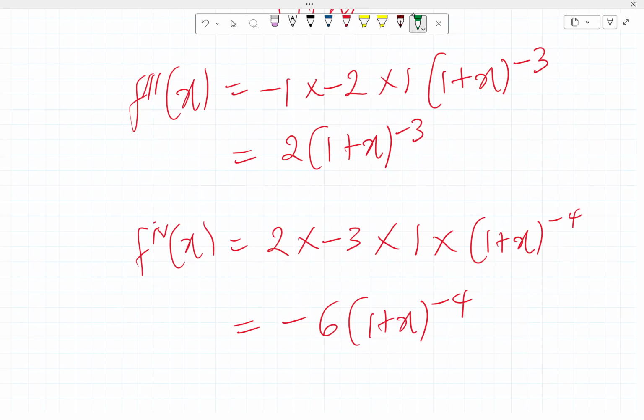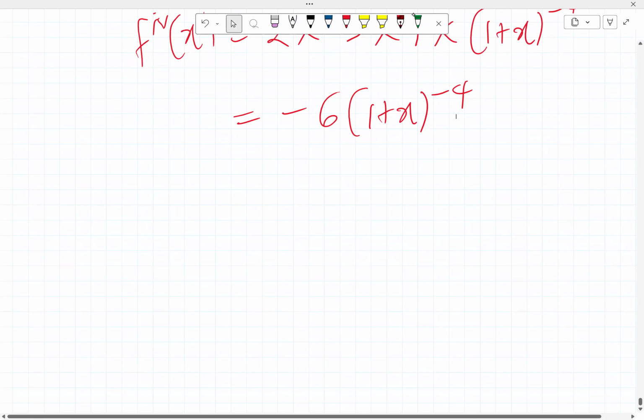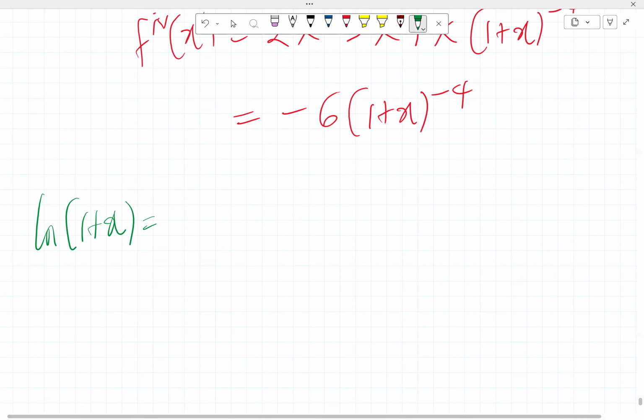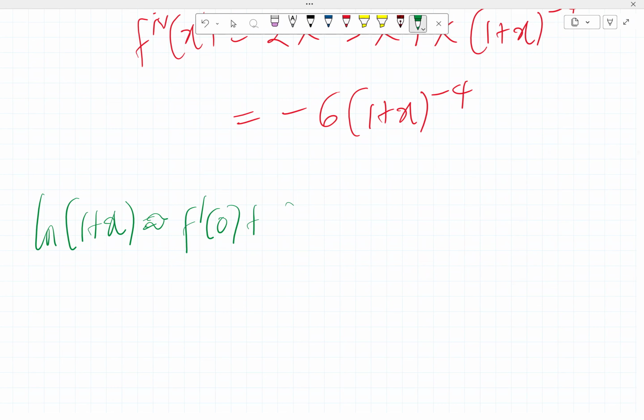So now we then have ln(1 + x) to be approximately f(0), first of all, the original expression. So that's f(0).